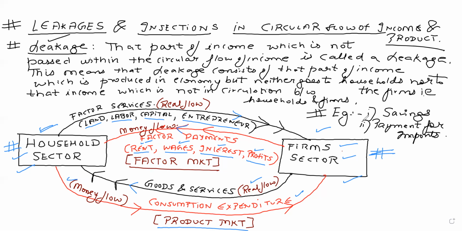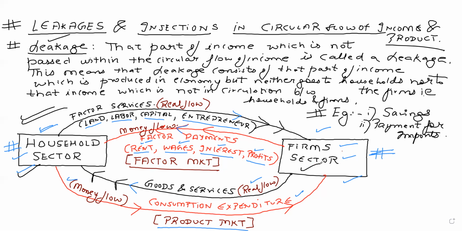So when we are buying from the foreigners, we will be paying them. Now the amount which we pay them will go out of this circular flow. Now remember, guys, the circular flow is happening only between two parties, households and domestic firms.